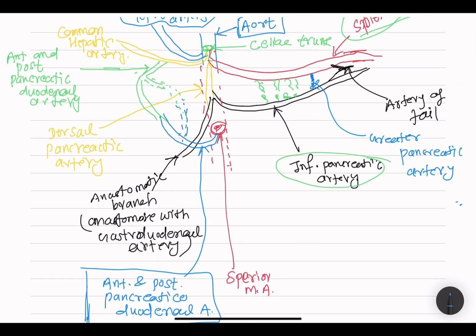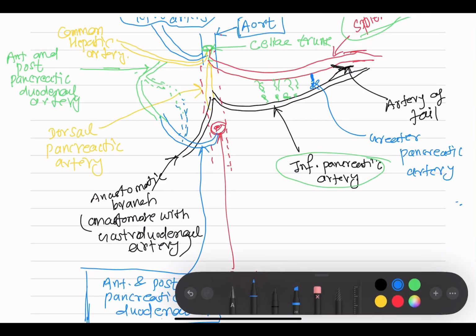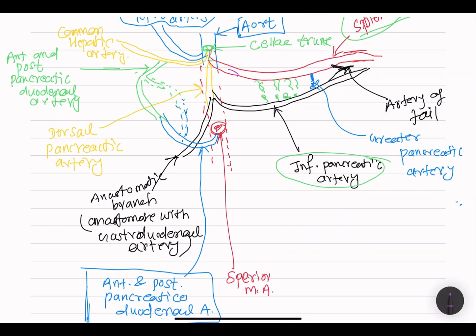So now I will draw the structure of the pancreas. This one, like this, the pancreas goes like this, and at the end there is the spleen, and where the pancreas tail is internal, it's called the hilum of the spleen.